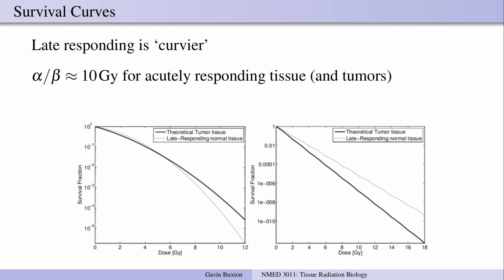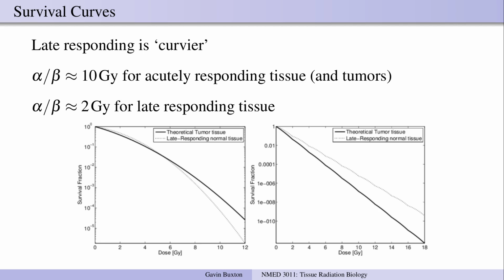So for example, if the alpha is controlling how straight it is, and we look at alpha over beta, a bigger value will occur for straighter curves, whereas a smaller value will indicate curvier curves, right? We see that the alpha over beta can be around 10 grays for tumors.